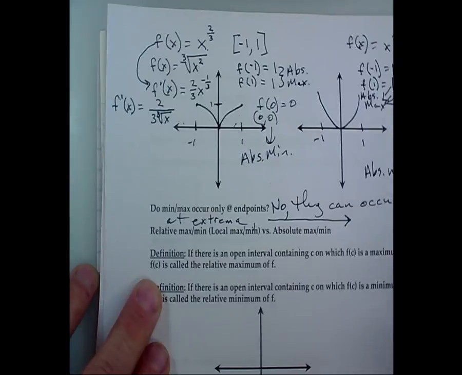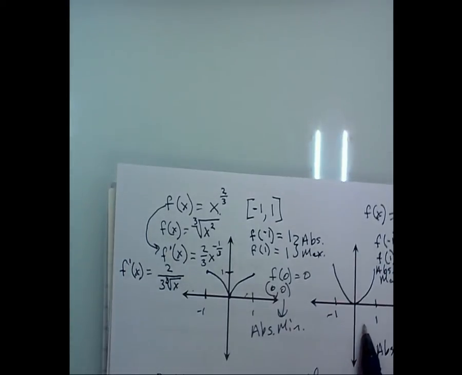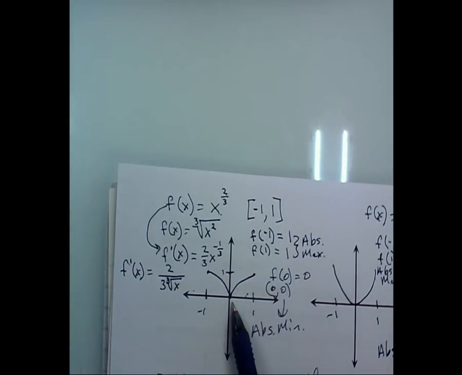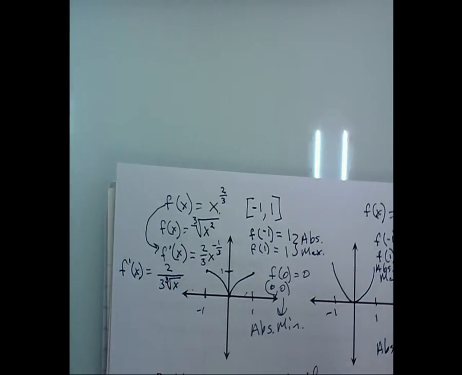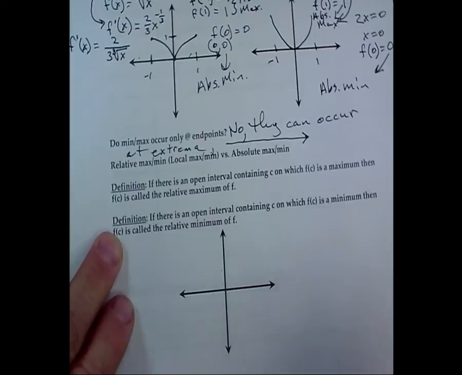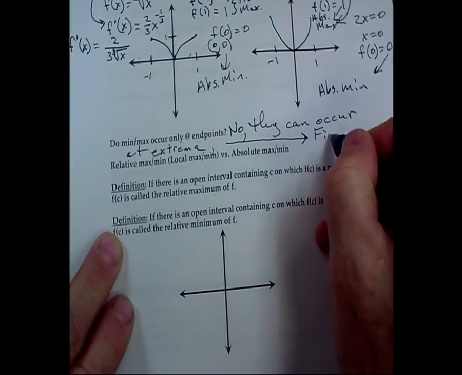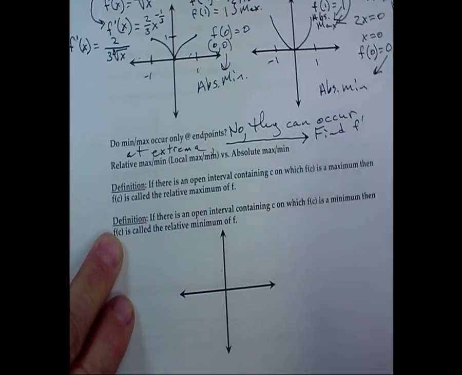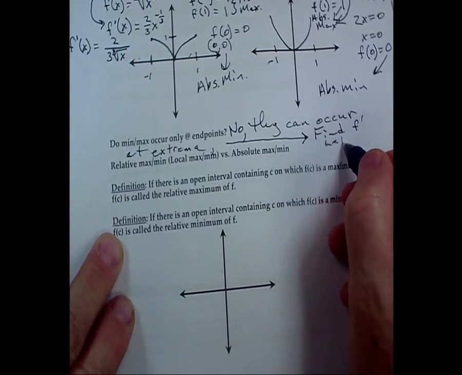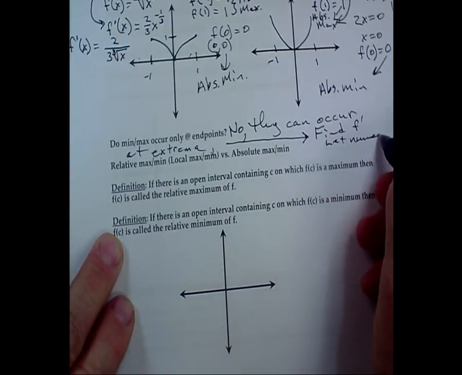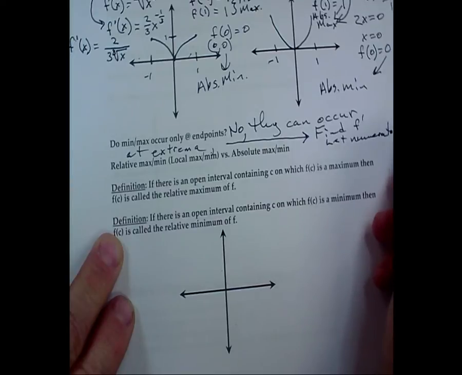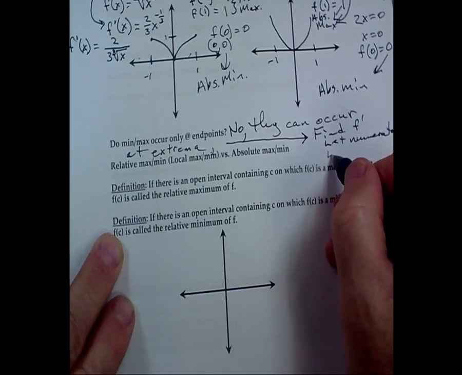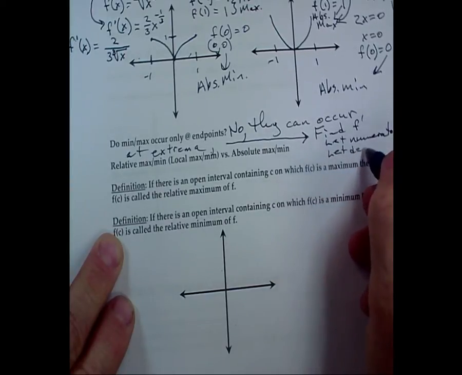What did we do in the one or two examples? Did this have an extrema? Did this have an extrema? How did I find those extrema? I took the derivative. So what you do, you find f prime. Let the numerator equal 0. Let the denominator equal 0.